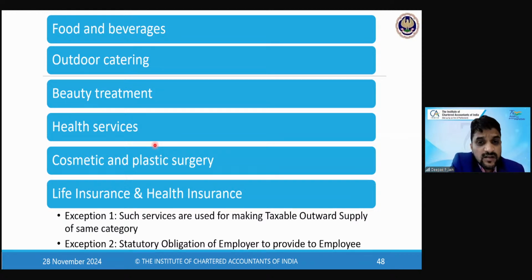The first exception is that the services are used for making taxable outward supply of the same category. That means if we are in the same business, then they can claim the credit. Kavita, I didn't get your point.